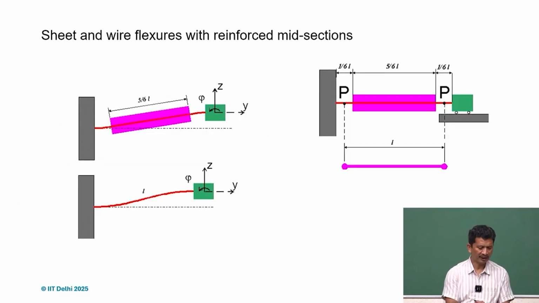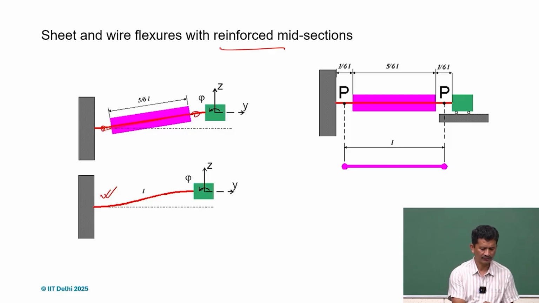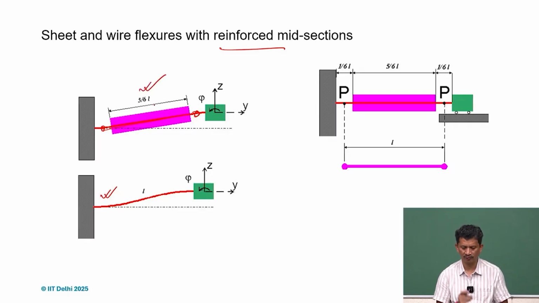So coming back to reinforcement, as we learn, we realize that if we have this kind of flexure compared to the rigid model, then usually we have the hinges placed here, somewhere around 5 by 6 L. So that's why we consider this case, 5 by 6 L and 1 by 6 L on either side, which is the compliant part.